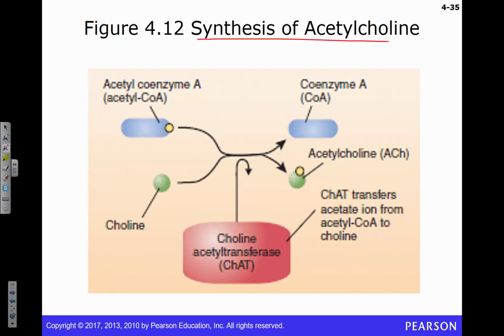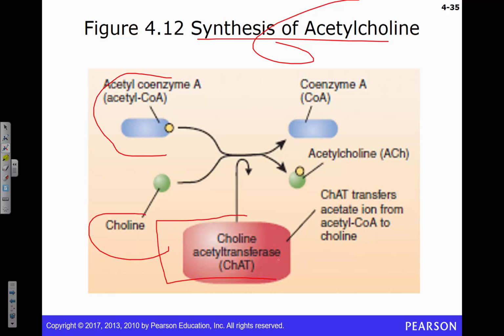Here's the synthesis pathway of acetylcholine. You don't really need to know this process, but I think it's a really great illustration of the general approach of how an enzyme creates and then how an enzyme breaks down a particular neurotransmitter. So here we have something called acetyl-CoA. We have acetyl-CoA and choline. We have this guy called choline acetyltransferase.